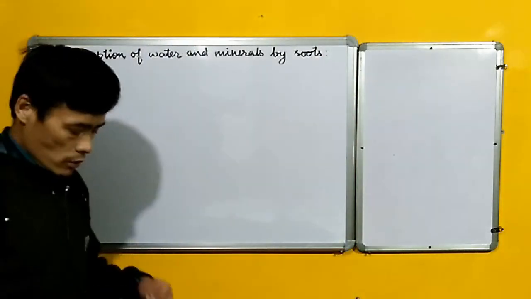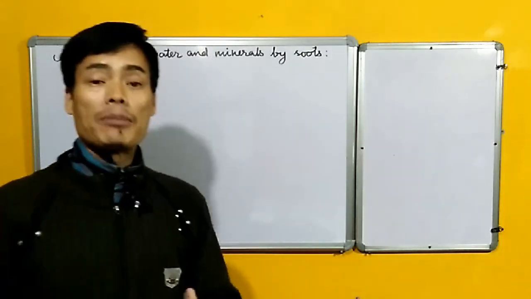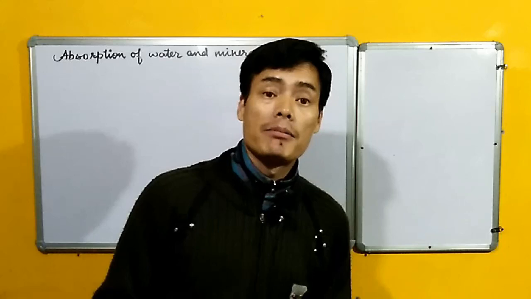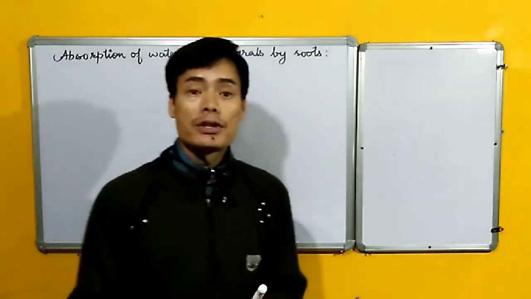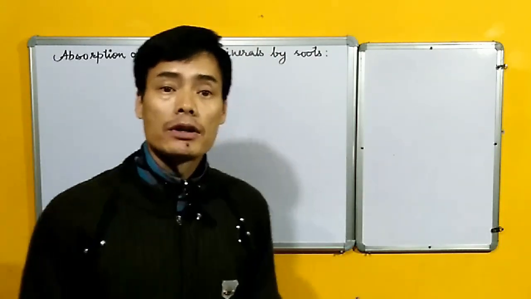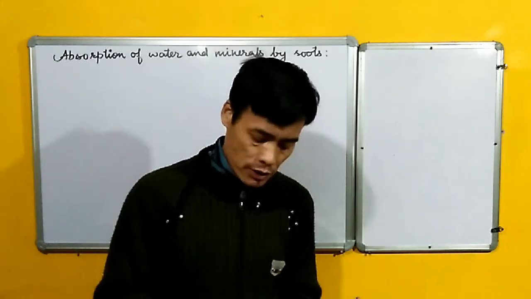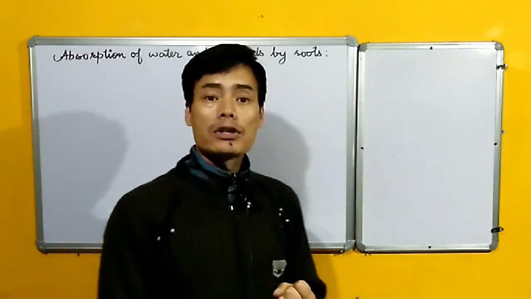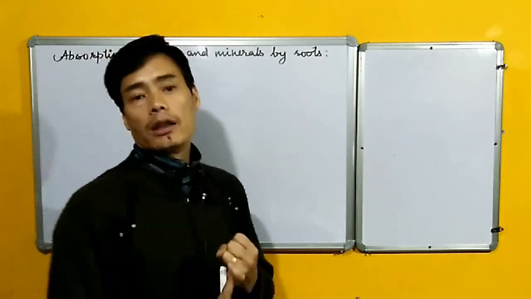By now we know that the roots are meant to absorb a lot of materials that are required by the plant. And these materials are absorbed by the root in the form of solution. That is, it absorbs water and minerals in the form of solution from the soil.